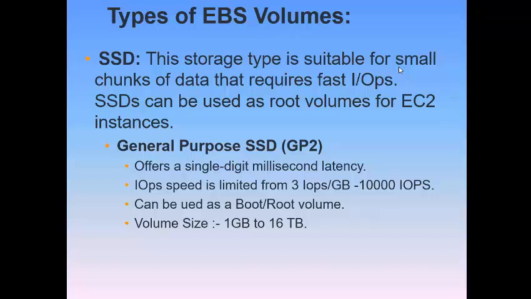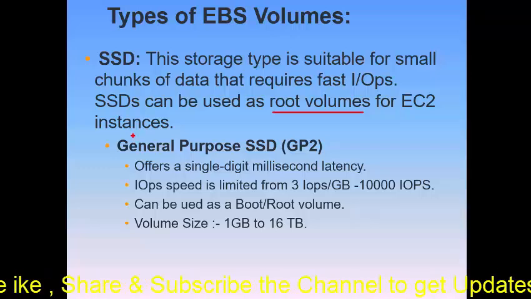That's why it's called small chunks of data that require very fast IOPS. Main point to note down: it can be used as a root volume for EC2, but not all types, which we will discuss. SSD can be used as a root volume.